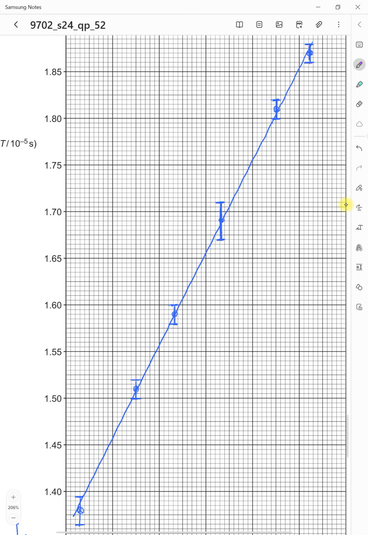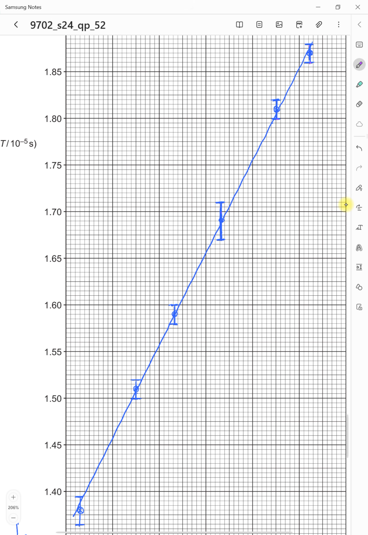Let me change the judgment and I say I'm starting from the top of the top error bar, and then the line is going to go through this point here. That is not working. Let me repeat this. The bottom of the top error bar, it passes through this point, it passes here. I think this will be the best.